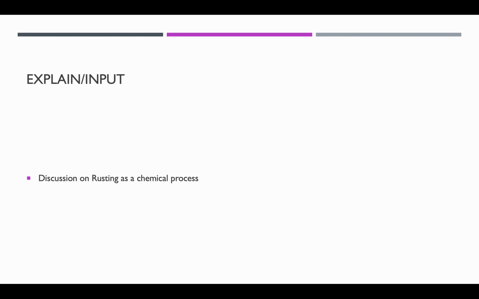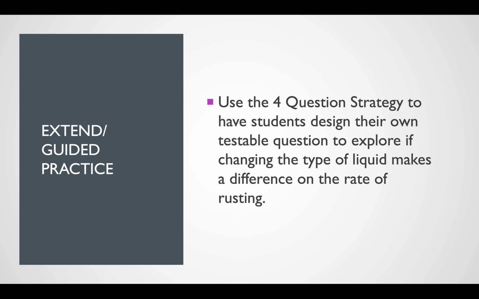I do the Frayer model, so kids have a clear definition of chemical change versus physical change, which I've probably done another day or 2 before. And then, of course, we move into designing our own investigation where they have a chance to come up with the question and so forth. And that is how I would modify that lab.